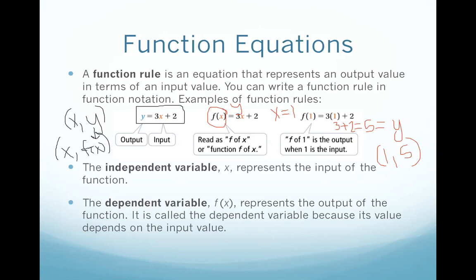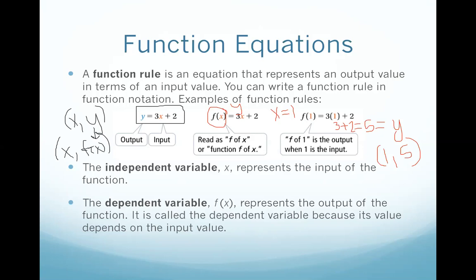Because we needed x in order to find y, x is called our independent variable. I can put any number in for x, and that number will give me a value for y, but I need x in order to find y. The output that we received, the answer that we got because we chose 1 as x, is called the dependent variable.